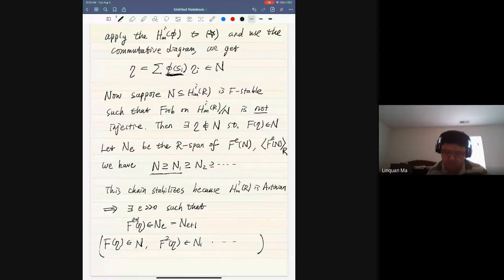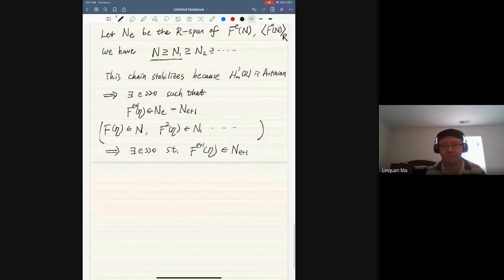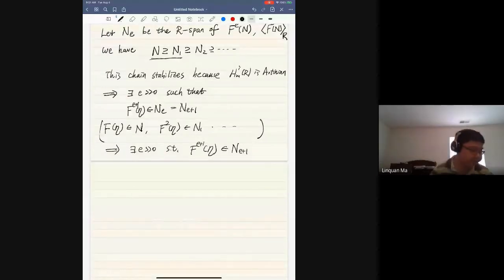But now NE equals NE plus 1. So there exists E sufficiently large such that FE plus 1 of eta is contained inside NE plus 1. That's what I conclude from this chain.